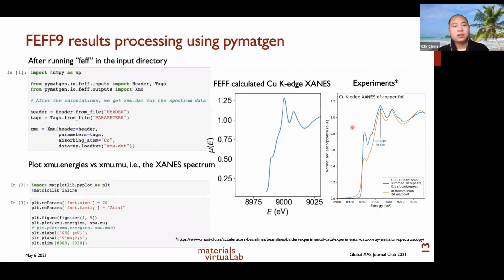After running the FEFF calculations, we can parse the output data again using a Pymatgen interface. As you can see on the right, when I plot the calculation results, I get a pretty good match between the calculation and the experiment by just doing a minimum amount of scripting and calculation. I do not even need to know how FEFF carries out the calculation beneath the Python scripts that I just showed.